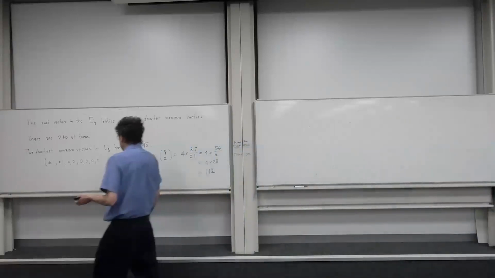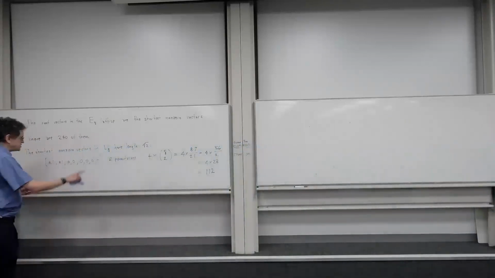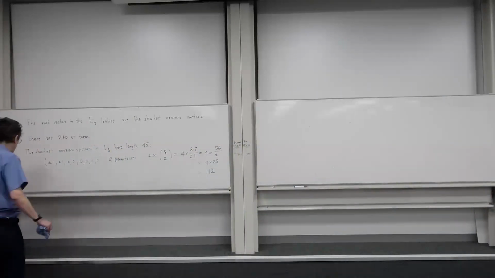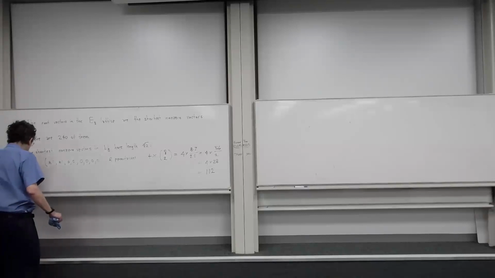The ones in this translated copy all have to have entries that are integers plus a half, and as soon as you get up to 3 halves, that's too long. So that's definitely the right track.